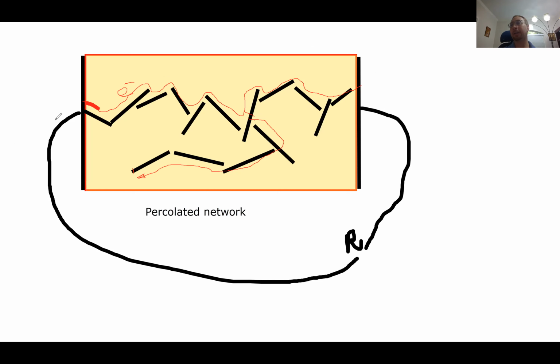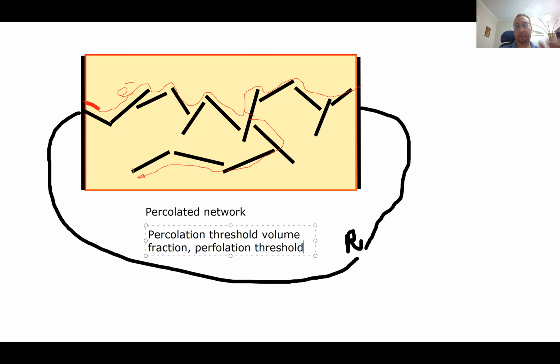But there's at least one percolated network that can go from one end to the other, and the volume fraction that corresponds to that is the percolation threshold volume fraction, or simply percolation threshold. These are the same things.